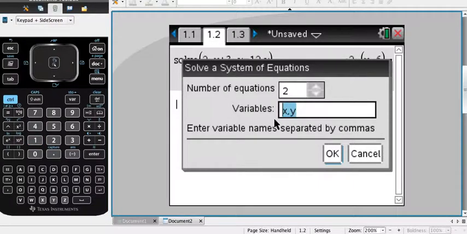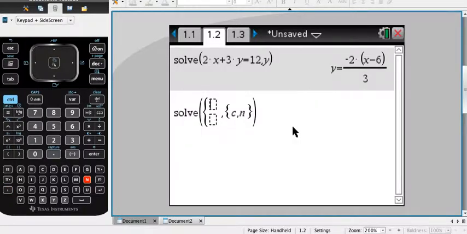This is a point where you could change this to, say, C and N, if you're using C and N in your equations. So if C is equal to 21 plus 0.14 by N, the other equation was C equals 7 plus 0.28 by n.